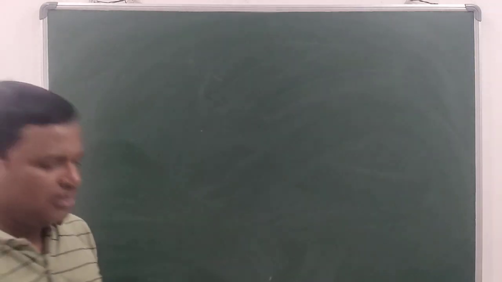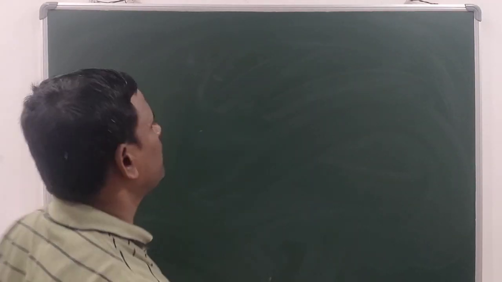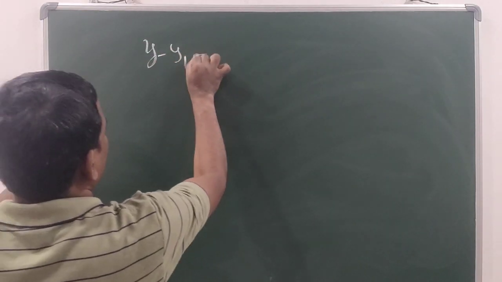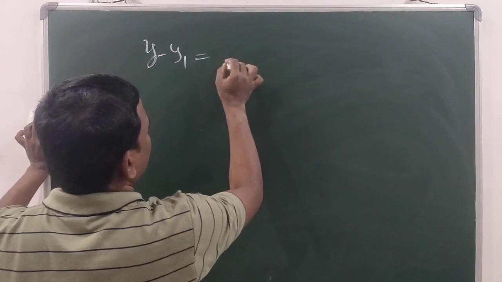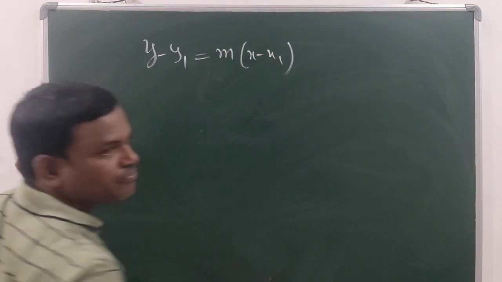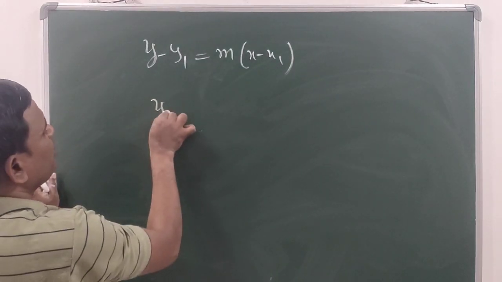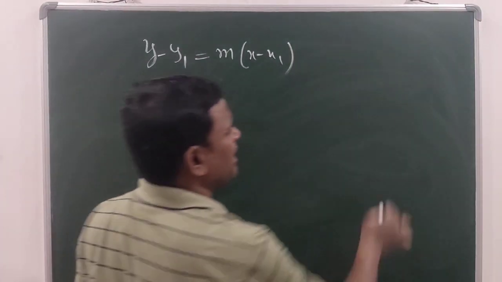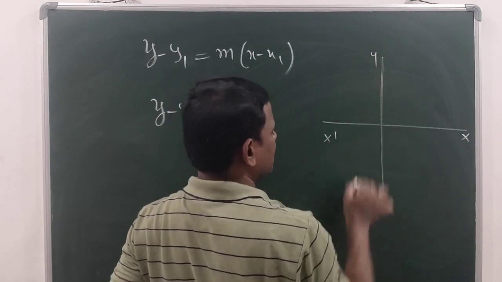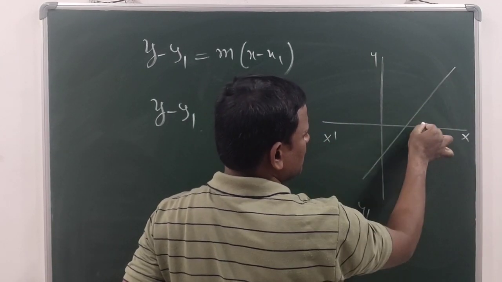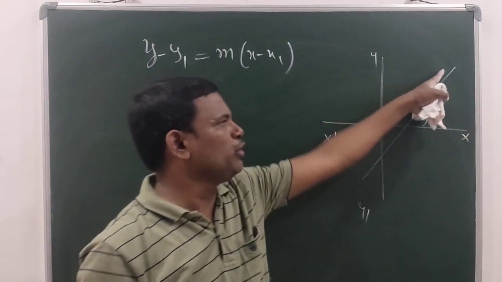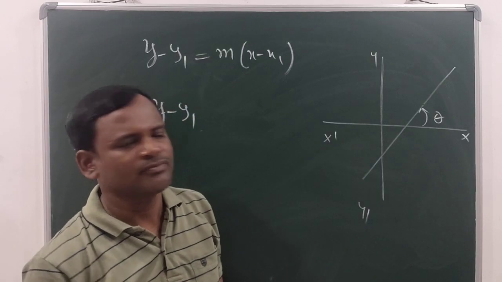See students, consider this point slope form of a line equation: y minus y1 equal to m of x minus x1. You know that when the inclination of the line is given, in such a case, how do you find the slope of this line?